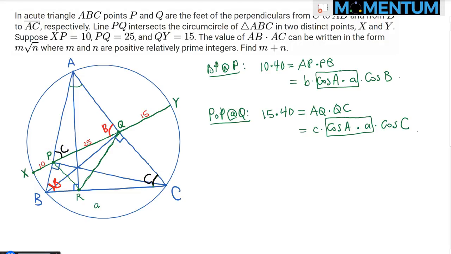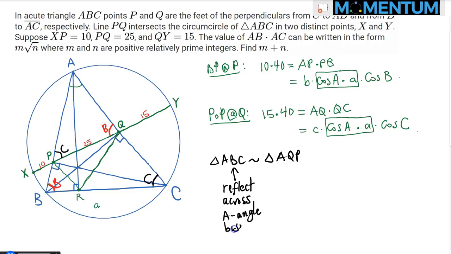So our triangle ABC, let's write that down. Triangle ABC is similar to triangle AQP, but the order is different. So what we can do is we can first reflect this thing across the A angle bisector, and then we can just shrink it.